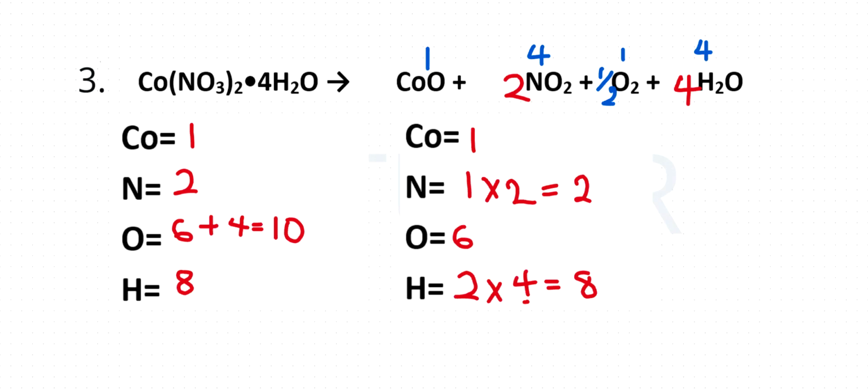So altogether now, I have 1 plus 4 plus 1 plus 4. So altogether, I have 10 atoms of oxygen, and that makes the equation balanced. So that is how we balance this kind of equation here.